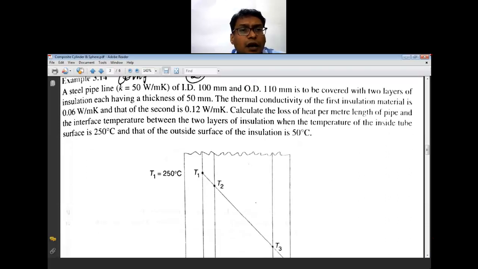A steel pipeline of thermal conductivity 50 watt per meter Kelvin, of ID 100 millimeter and OD 110 millimeter, is to be covered with 2 layers of insulation.